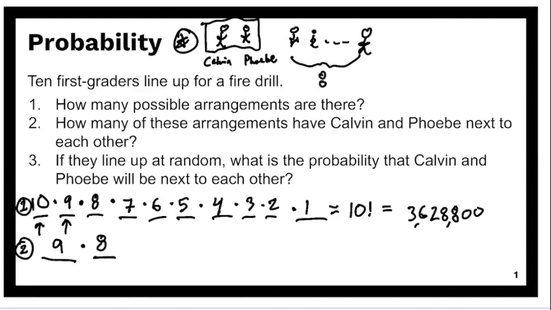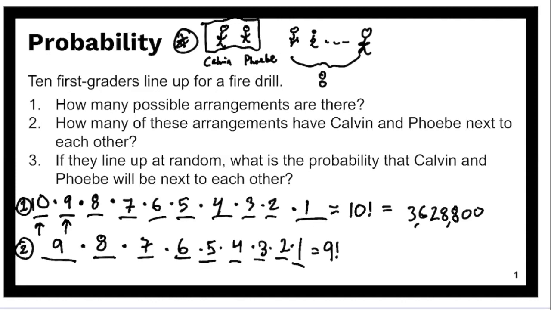In the second spot, we have 8, because we've already put either Calvin and Phoebe in the first spot or one of the 8 other students. Next, 7, 6. So each time we remove one of the students or that pair of Calvin and Phoebe. 5, 4, 3, 2, 1. So as you can see here, we have 9 factorial. And we're almost done.